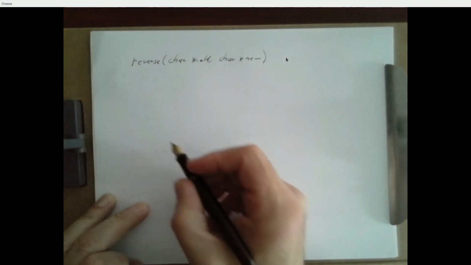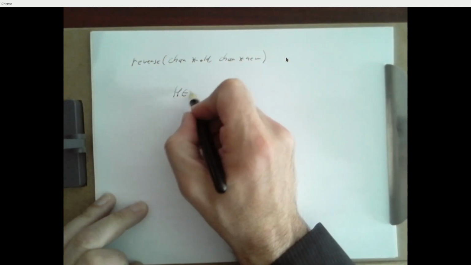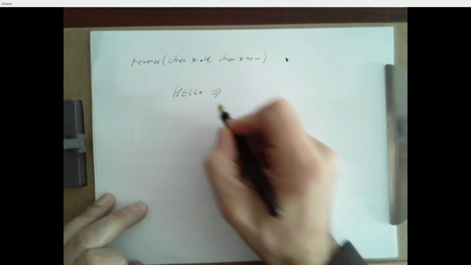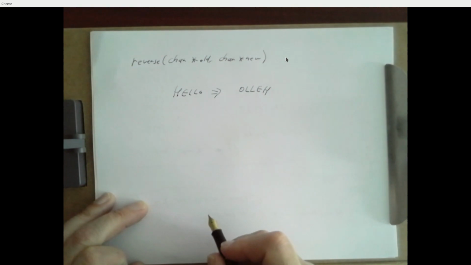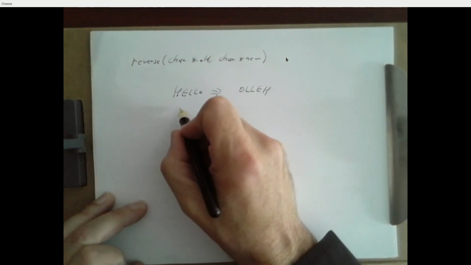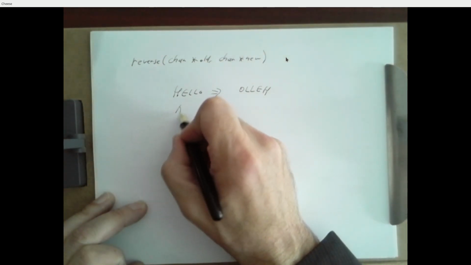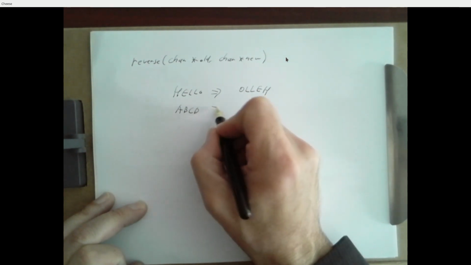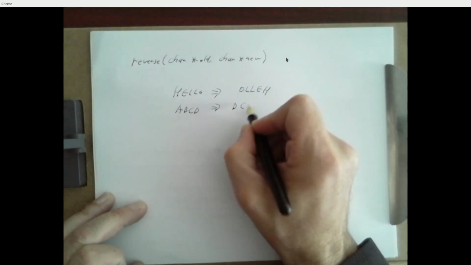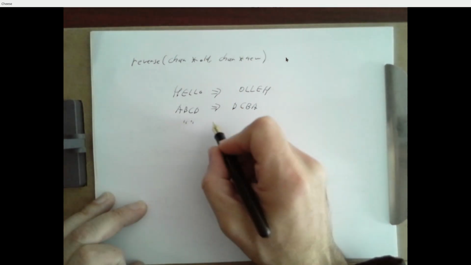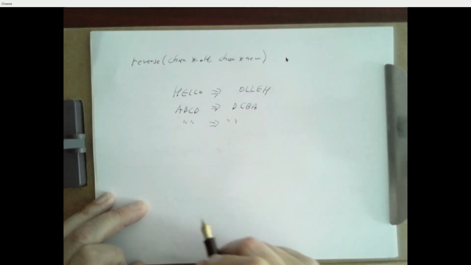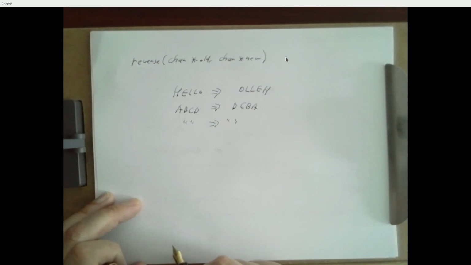So if you pass in an old string of hello, then your output string should be this. If you pass in an old string of A, B, C, D, then your output string should be D, C, B, A. And if you pass in an empty string, your output should be an empty string, and so on.